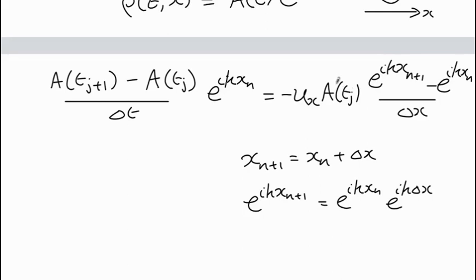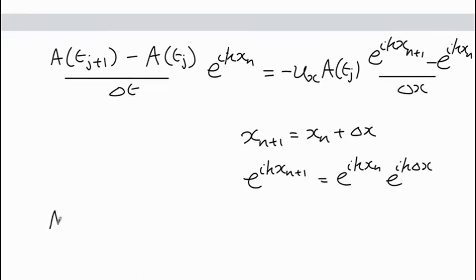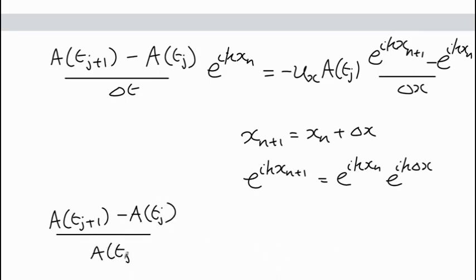And we can divide through by A at t_j and multiply through by delta t, and group these terms together. We end up with a term which looks like A at t_(j+1) minus A at t_j, divided through by A at t_j, and then we move this delta t over here and group together, so we have u_x delta t over delta x.